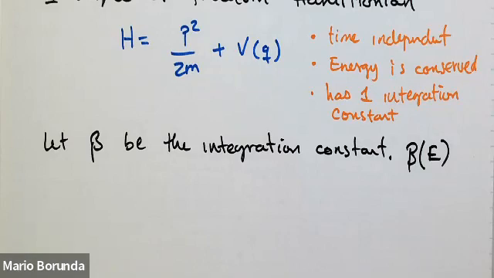If you start the pendulum here and let it drop, it's going to have some energy, and the energy is going to be constant as it goes through the motion right here. And if you start the pendulum up here, it's going to have a different energy, and that energy is also going to be constant. So it depends on your initial conditions, right? And this integration constant is basically our initial condition. Make sense? Questions? All right.